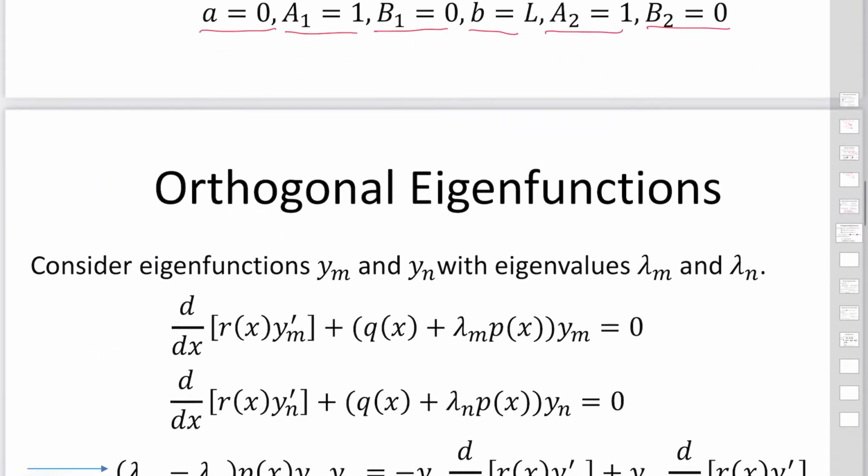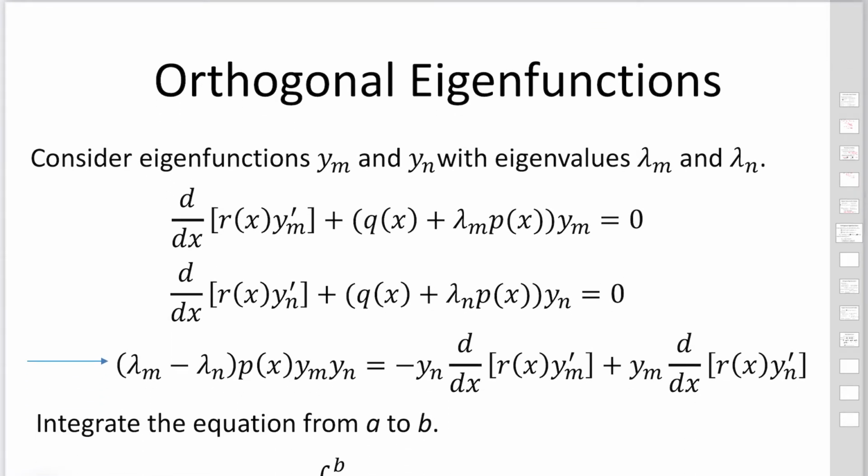Then I'd like to show you that the solutions of regular Sturm-Liouville problems form a set of orthogonal functions. So we consider the eigenfunctions y sub m and y sub n, and the corresponding eigenvalues lambda sub m and lambda sub n.